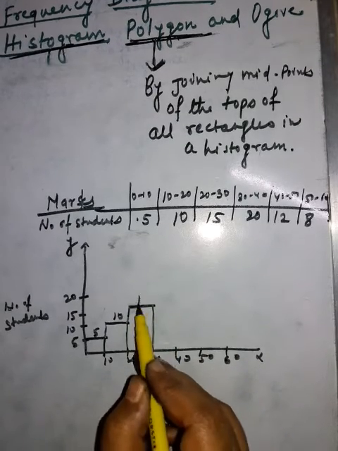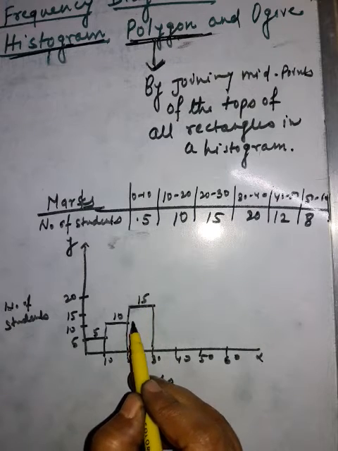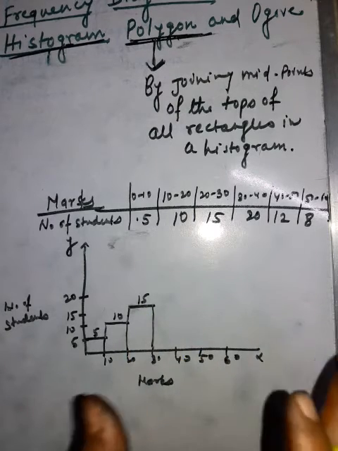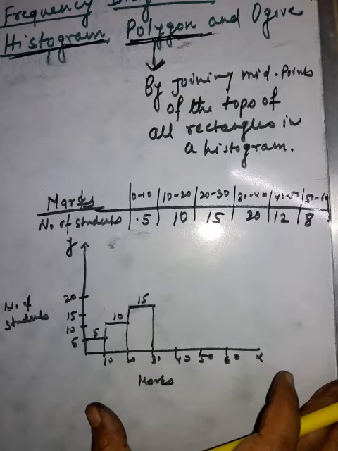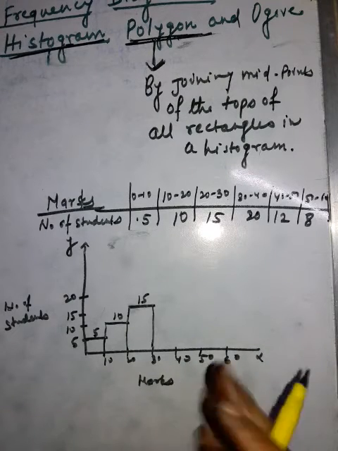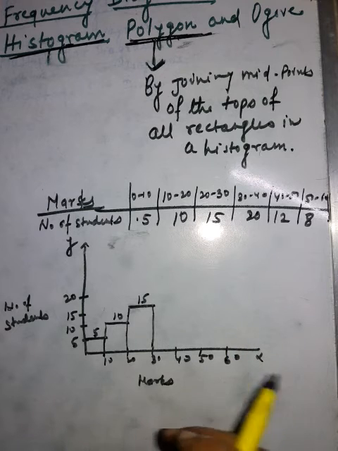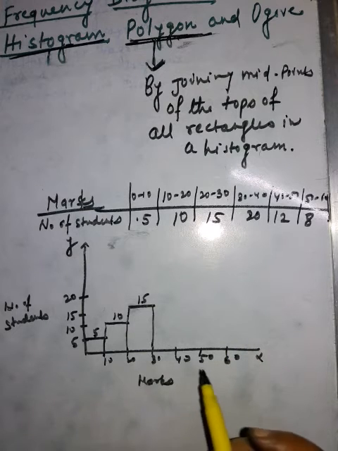That should be a separate line, there should be a little bit of difference, and you have to draw with the help of a scale. I am drawing here freehand, I cannot draw over here with the help of a scale, but you have to draw with the help of a scale.